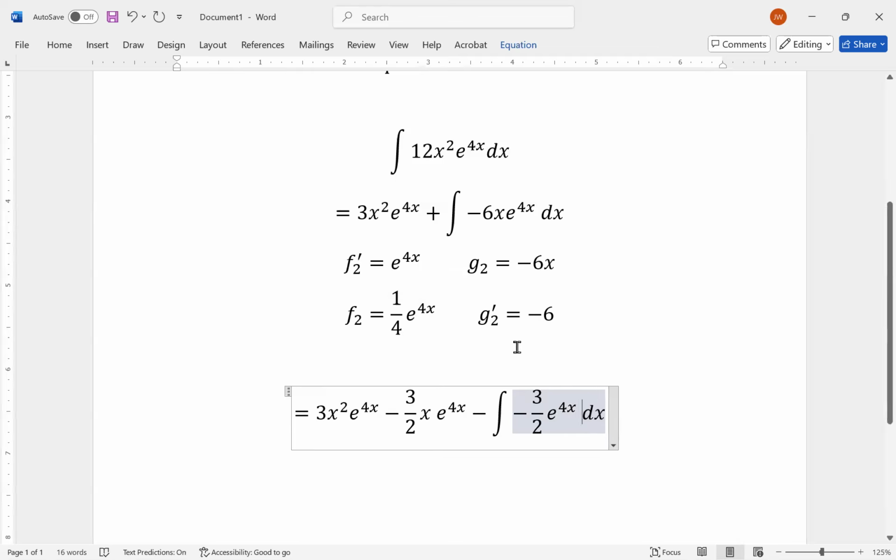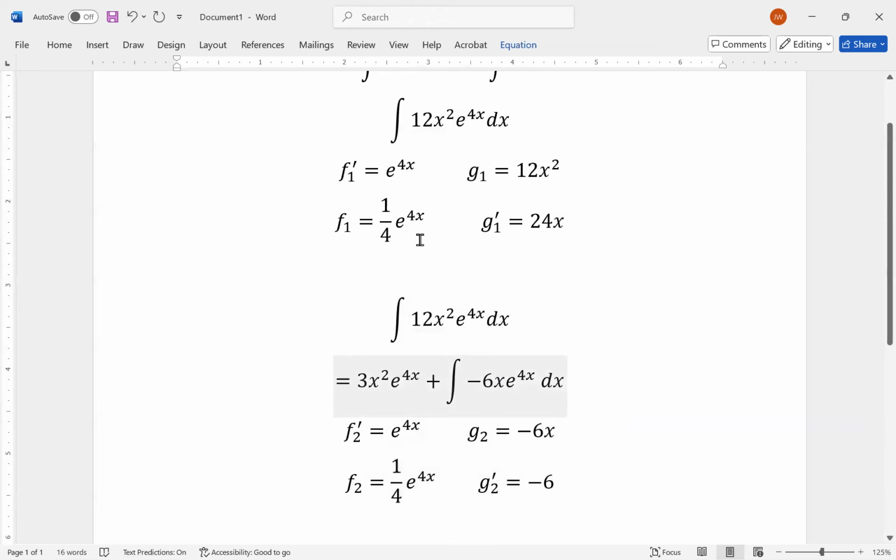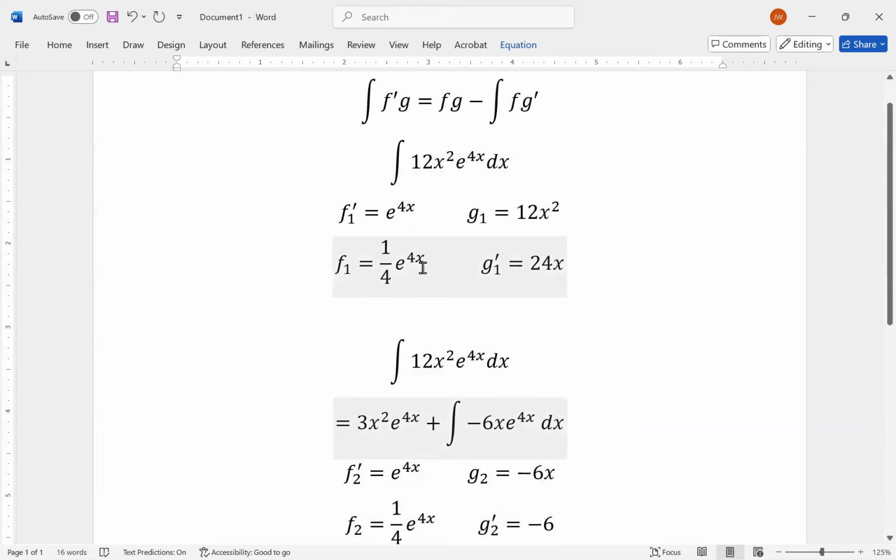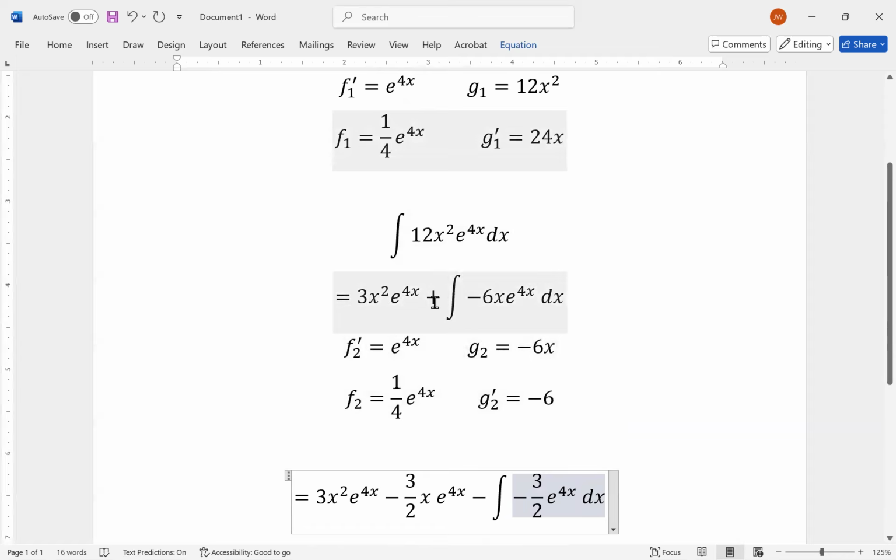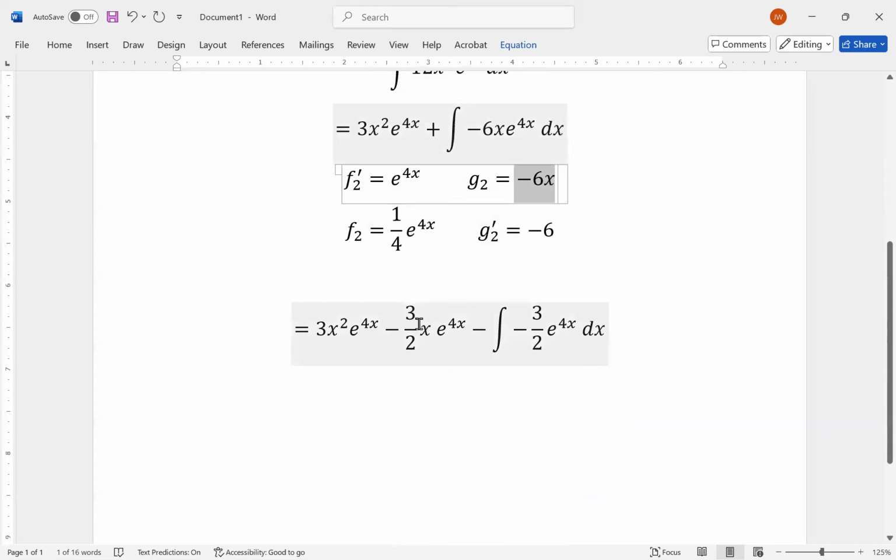You can see that by distributing this negative sign in, by calling my g2 a negative 6x, at this stage I don't have to distribute a lot of negatives. In the previous idea, I would have.